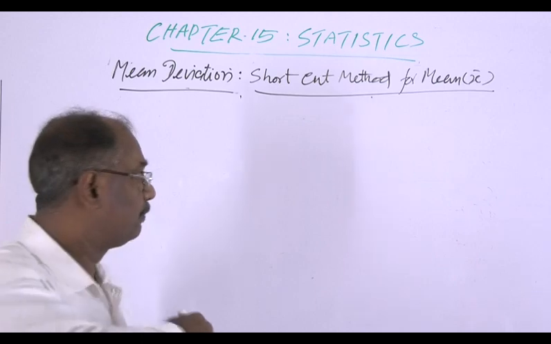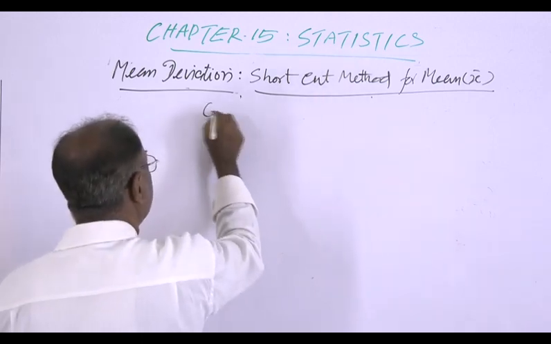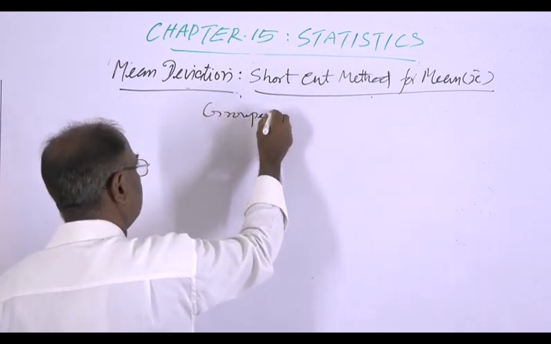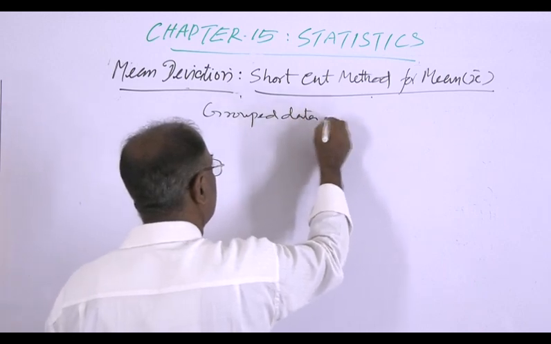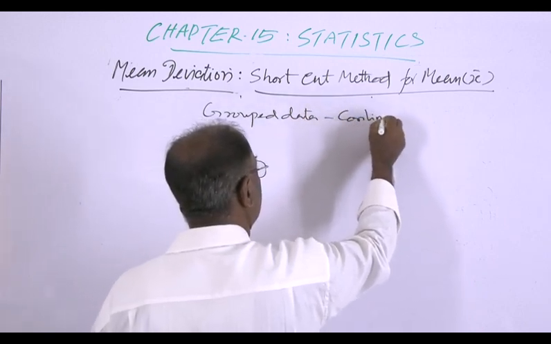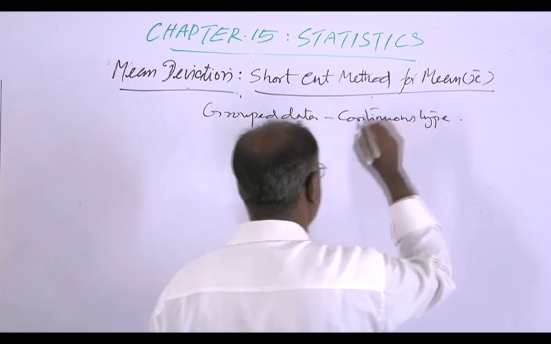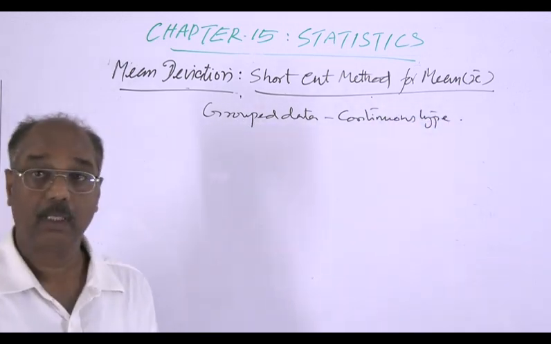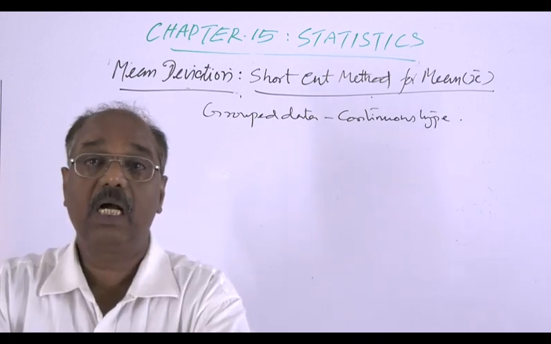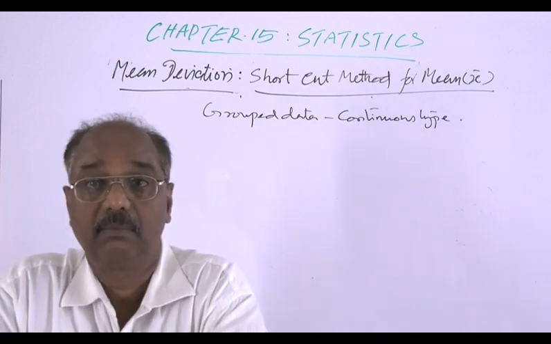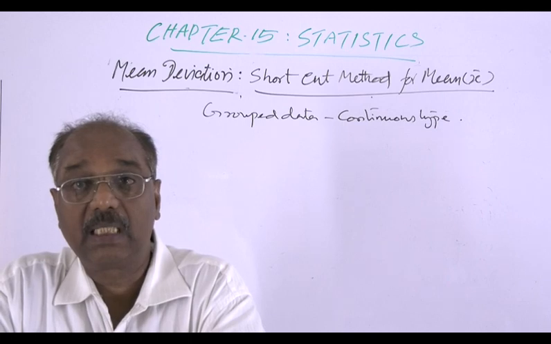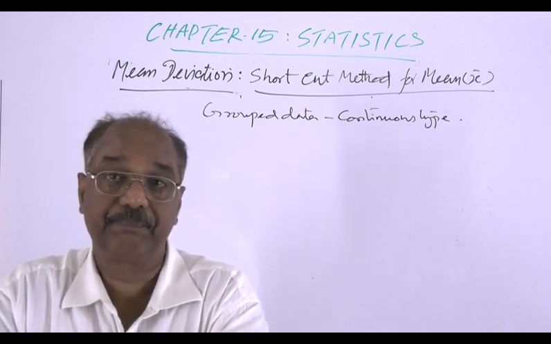So we apply this for grouped data, continuous type. For this, we have a distribution table with the classes and frequencies.